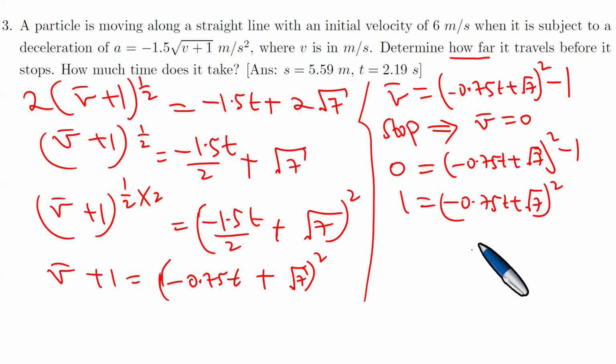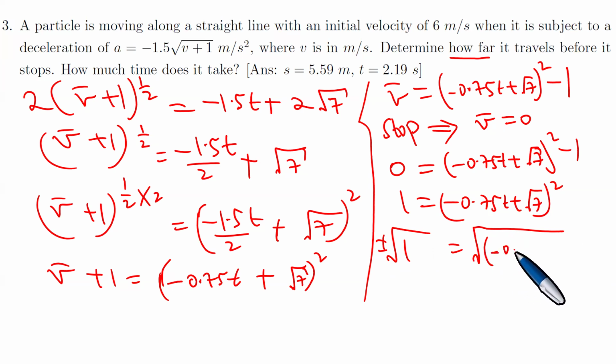This is a square, meaning that you can take the square root. In general, it's plus or minus. Well, we can determine which one, because it's time here. So in the end, the time must be positive. So we want to solve for time.